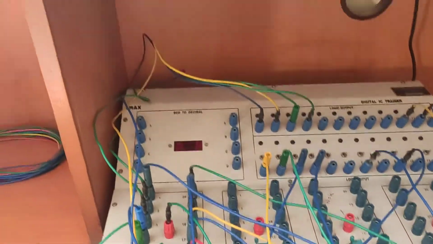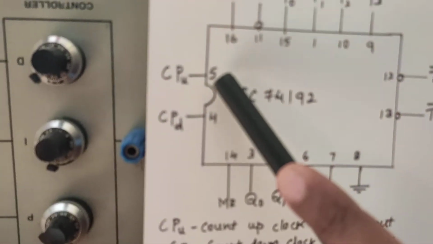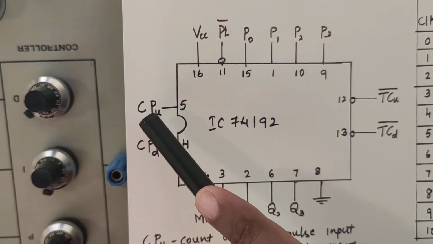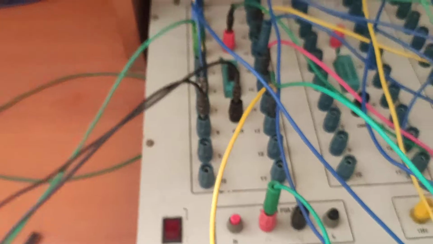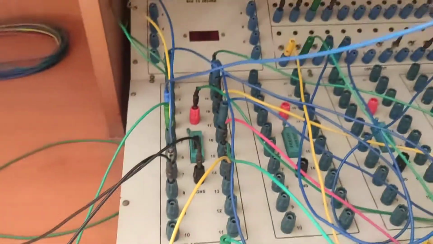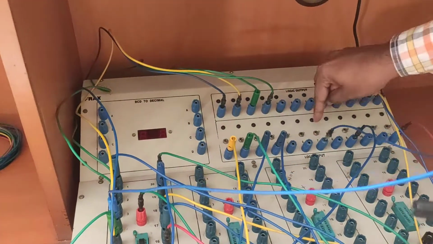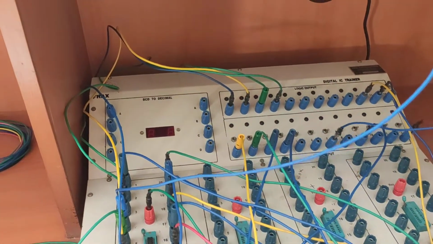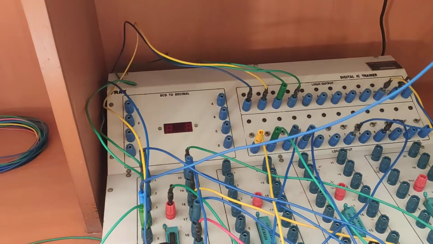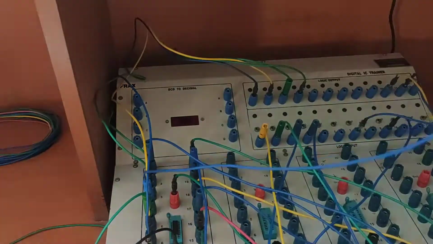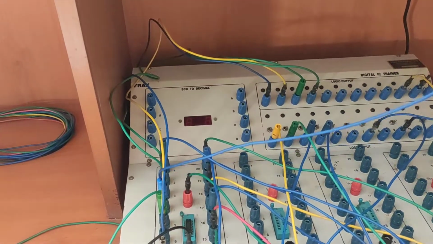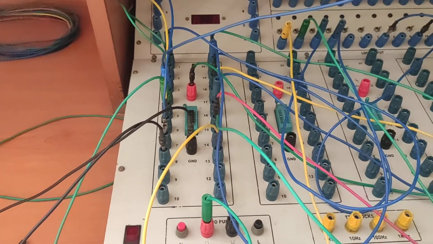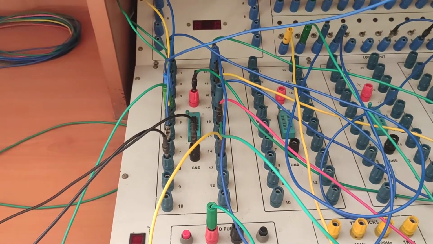Since we are doing up counter, you can observe that the 5th pin is given to the clock, and the 4th pin is connected to high. So under the logic input, we are going to make it high. Whereas when we are connecting it as down counter, we are going to connect the 5th pin to the high and the 4th pin to the clock pulse. So this is how we are going to do BCD up counter and down counter.